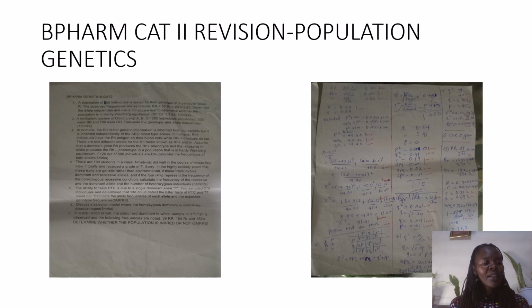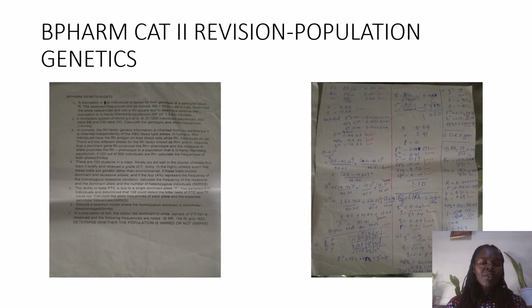So they are saying in a population that is in Hardy-Weinberg equilibrium, if 120 out of 500 individuals are Rh minus, that is what I want. The students were going as far as doing a square root to 380 over 500. Nobody wants that. We only concentrate on the group which has a problem.